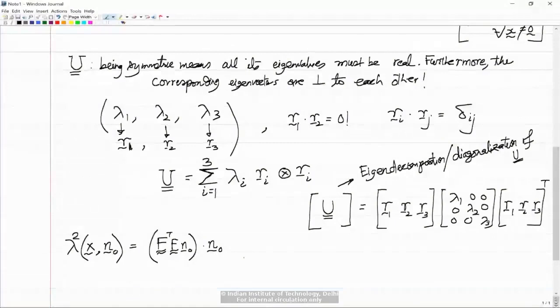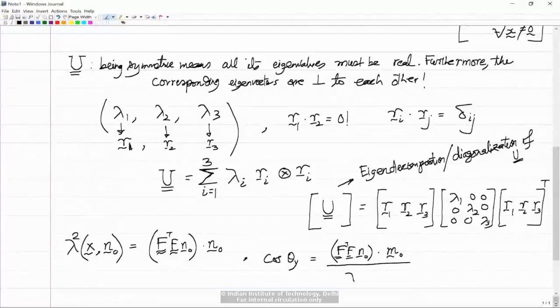And similarly for the angle change, if you recall, cos theta_y, theta_y denoting the angle in the deformed configuration, that was F transpose F n naught dot with m naught divided by lambda of n naught times lambda of m naught, the stretches along n naught and m naught.